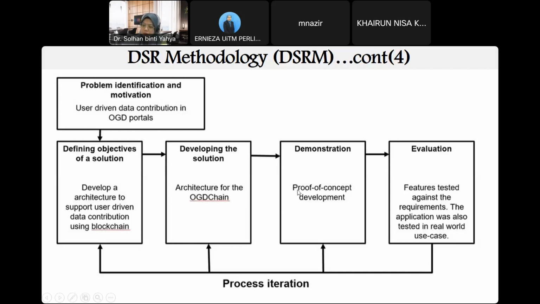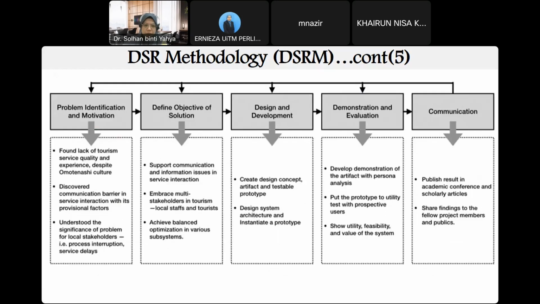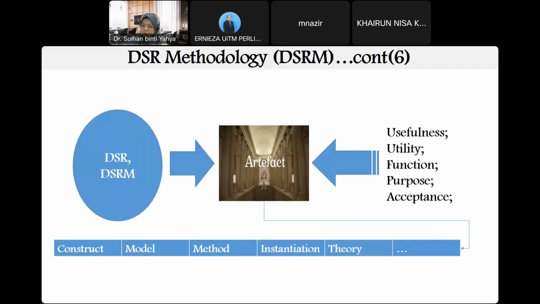And then the thesis evaluation consists of demonstration and evaluation itself, so the proof of concept of development, and so on, right? Then the process iteration. By doing this iteratively, the knowledge contribution needs to be observed, highlighted, and then claimed as a knowledge contribution to the body of knowledge, right? Same, this is another example that adopted the Peffer template to build the thesis.